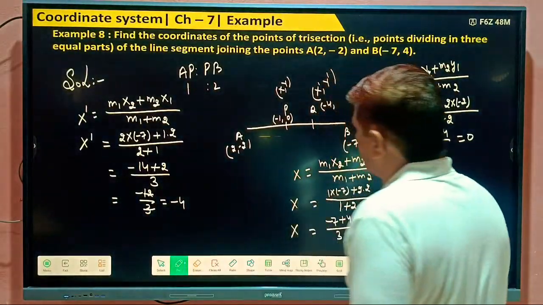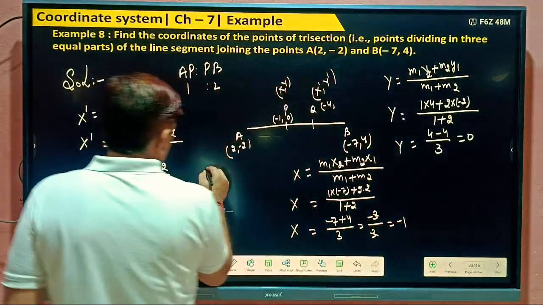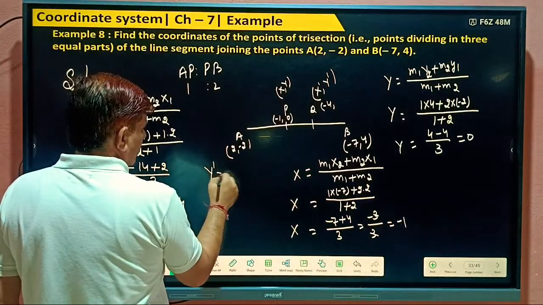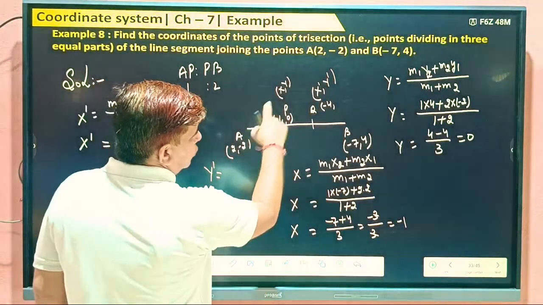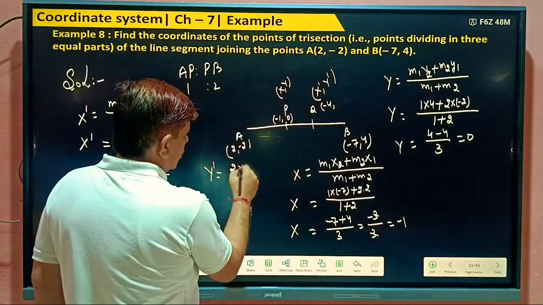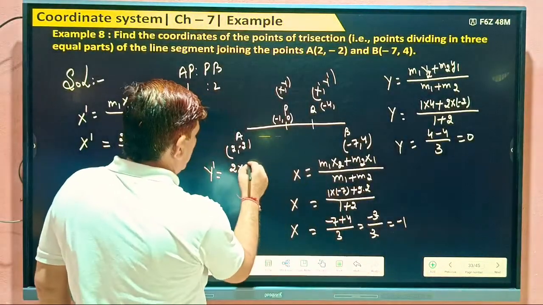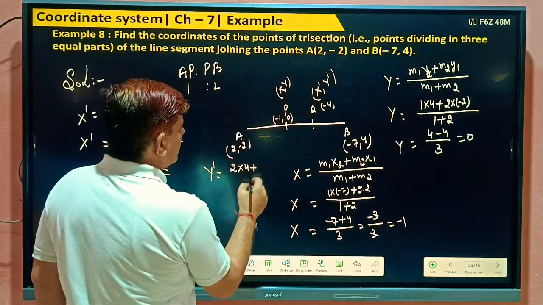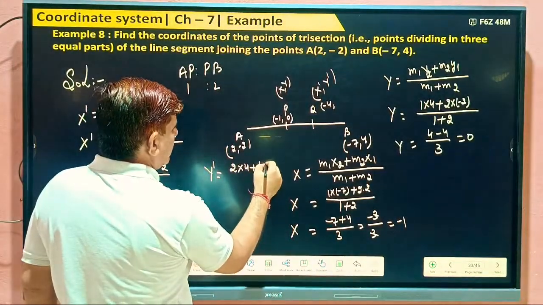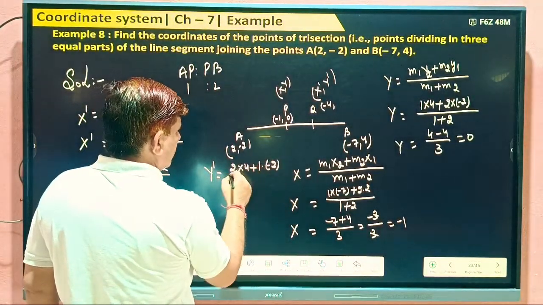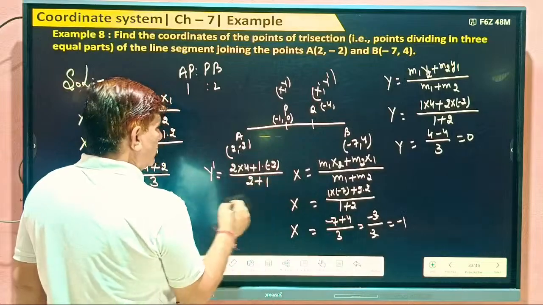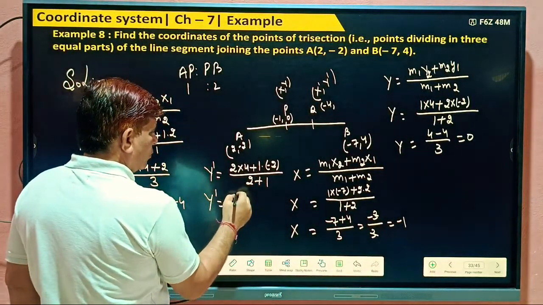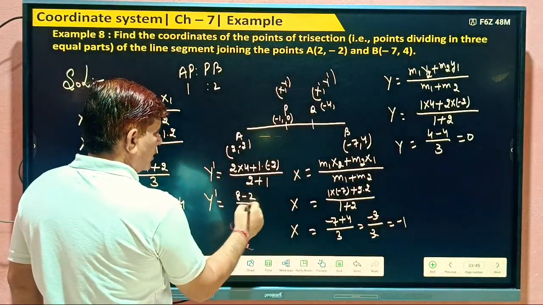Similarly, we can find y dash equal to 2 into 4 plus 1 into -2, by 2 plus 1. So y dash is equal to 8 minus 2 by 3.